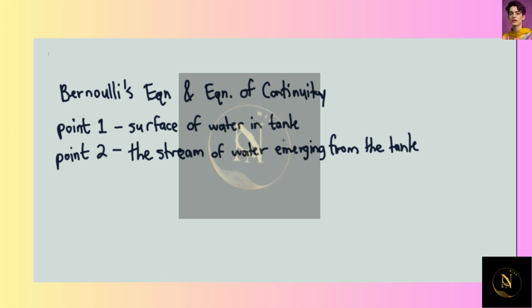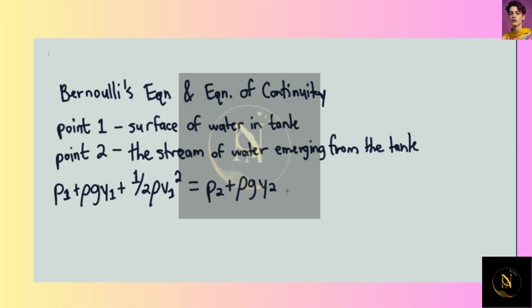So given this, we can then apply Bernoulli's equation: P sub 1 plus rho g y sub 1 plus 1/2 rho v sub 1 squared will equal P sub 2 plus rho g y sub 2 plus 1/2 rho v sub 2 squared.